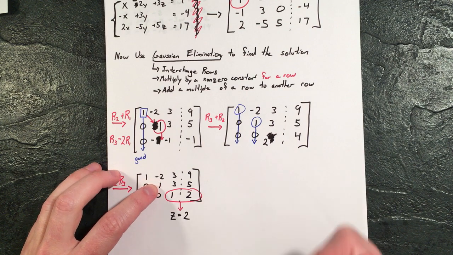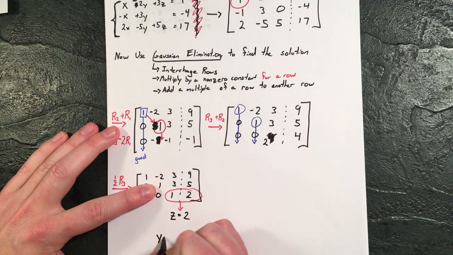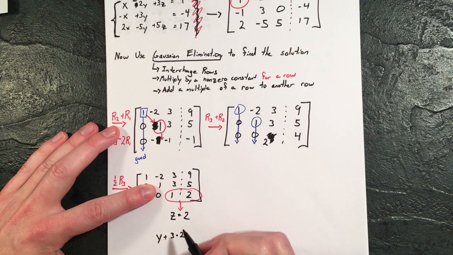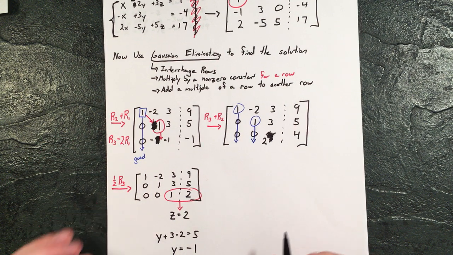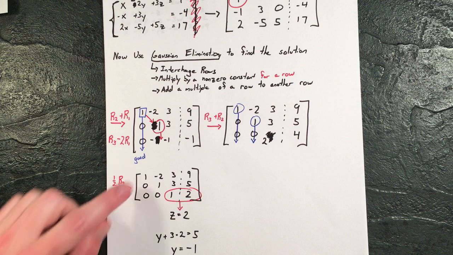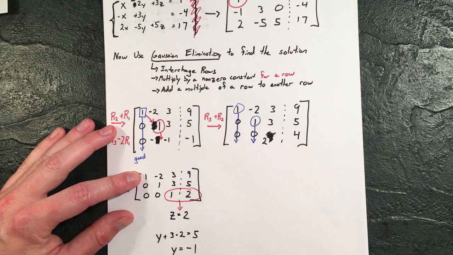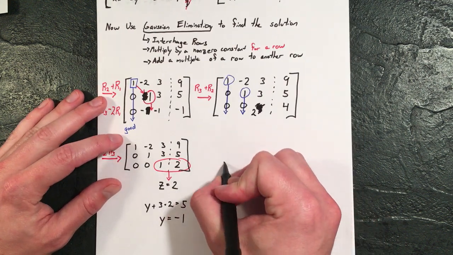So here I would have y plus 3 times 2, because that's 3z equals 5. So y equals -1 here. And then we can do backward sub once more. And I'll put this one over here.